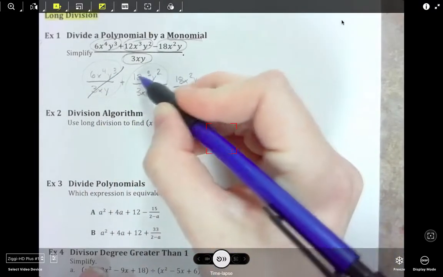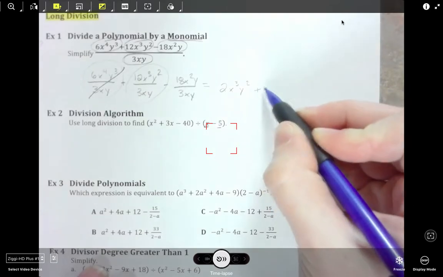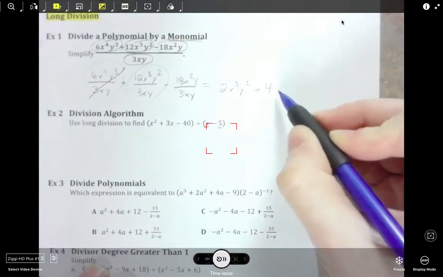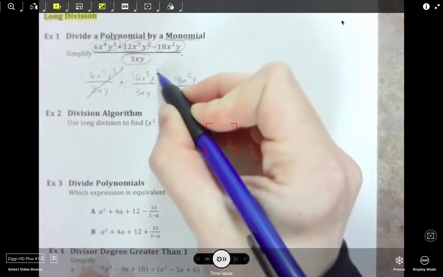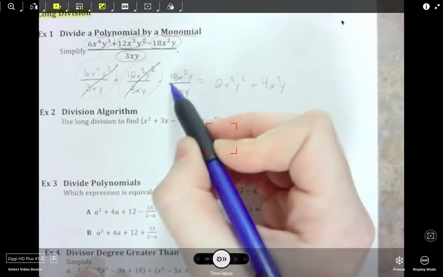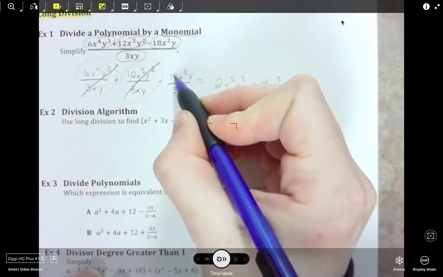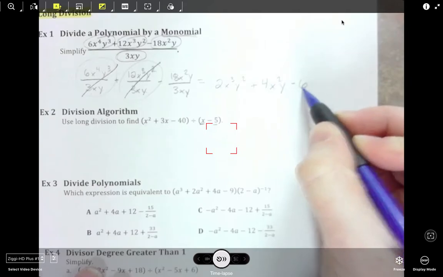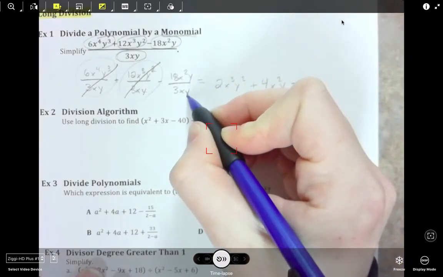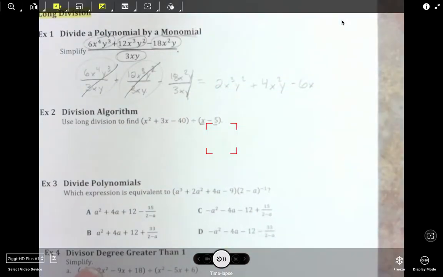This middle piece, 12 divided by 3 is a positive 4. X cubed divided by x is x squared, and y squared divided by y is just y. Now that one's done. And then negative 18 divided by 3 is negative 6. X squared divided by x is just x, and y divided by y goes away. Those two cancel each other out.